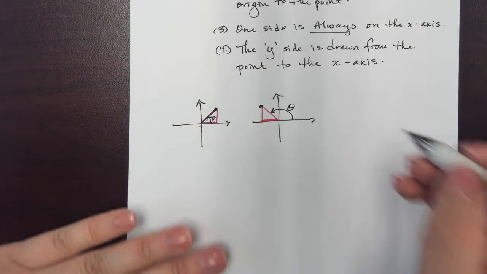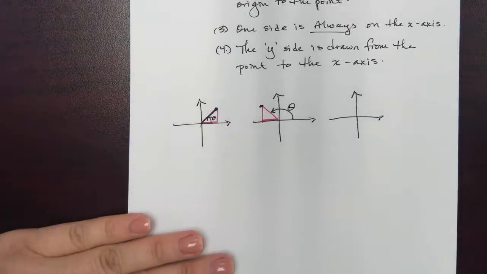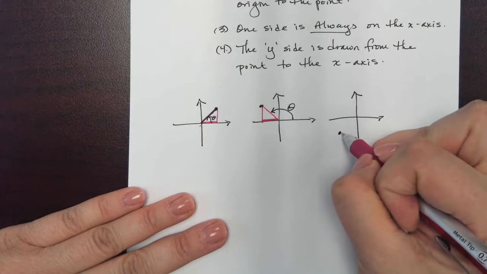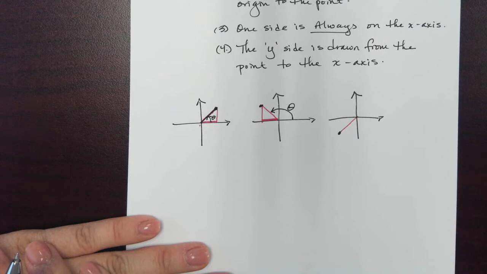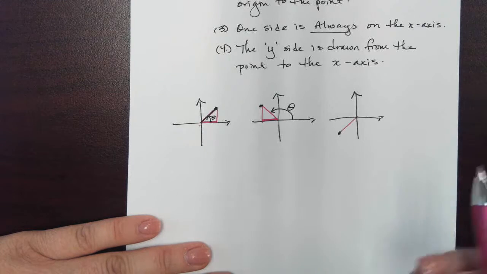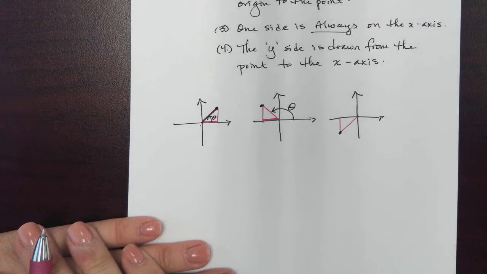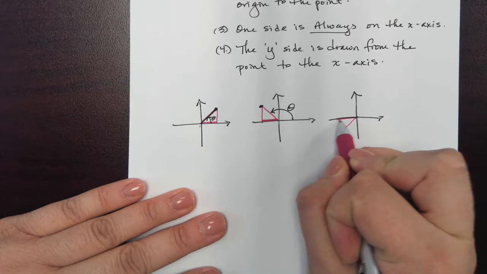If I am in quadrant 3 and I have a point in quadrant 3, I am going to draw my hypotenuse. One of the mistakes I see people make when they draw these triangles is they try to go from the point over to the y-axis. You have to draw going to the x-axis. Then I have my third side right here.